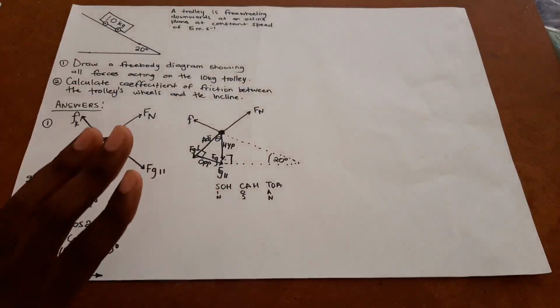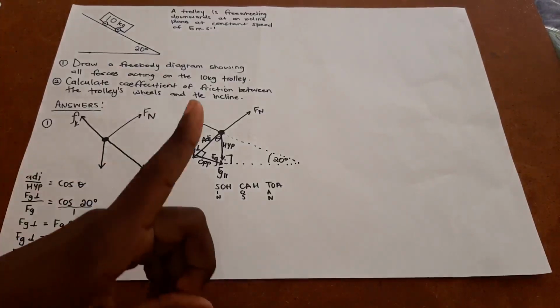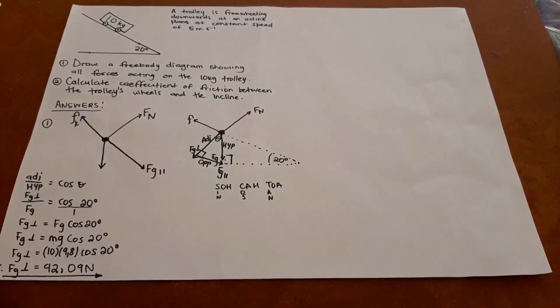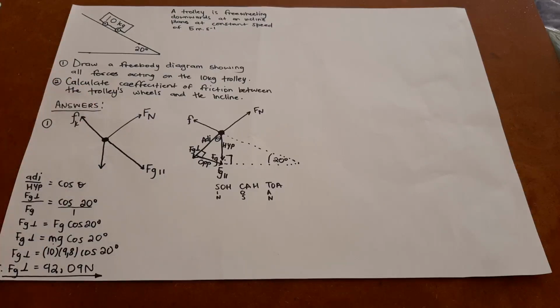FG perpendicular is equal to FG cos theta, whereby theta is the angle that is given in a specific scenario. I am doing it to accommodate you all students, to make sure that you are in line with me, because some don't know why FG perpendicular is equal to mg cos theta. So now it makes understanding more interesting.